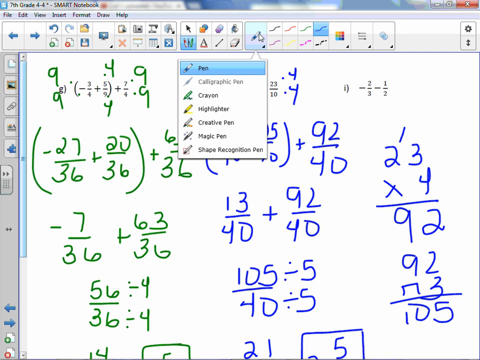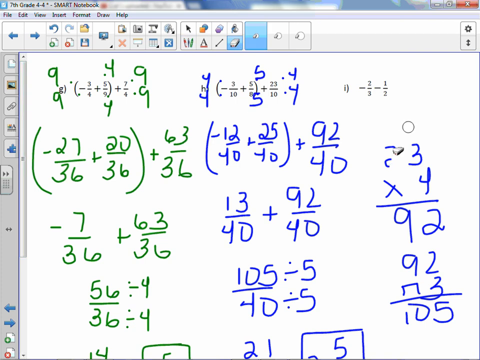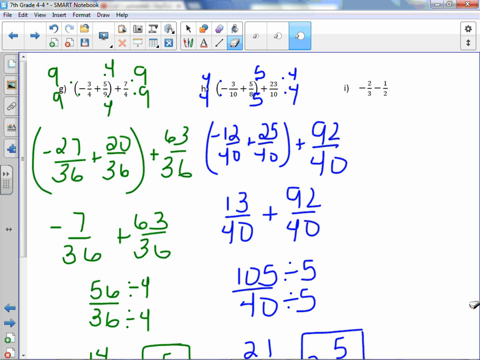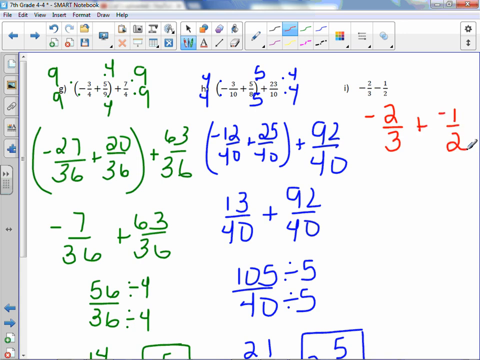Letter I. I'm actually going to erase some of this work over here so I have space to do I. I will not subtract. I will add the opposite. Now that I have addition, let's get those common denominators. 6 is our least common denominator.